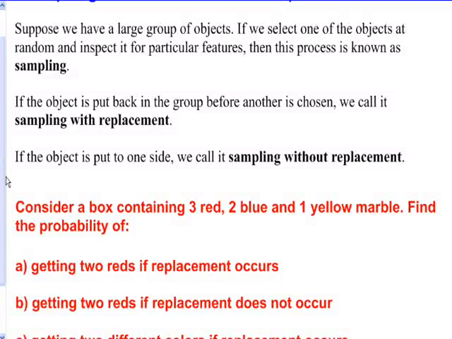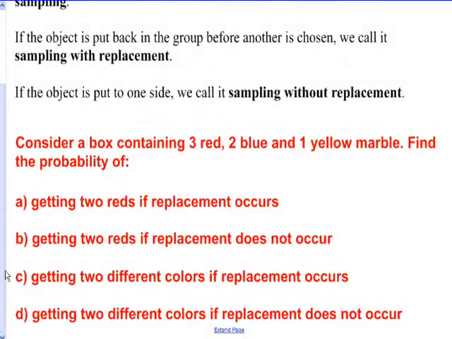If the object is put back into the group before another one is chosen, we call that sampling with replacement, like I was saying with the deck of cards. And if the object is put aside, we call that sampling without replacement because we did not replace it before we took another one.